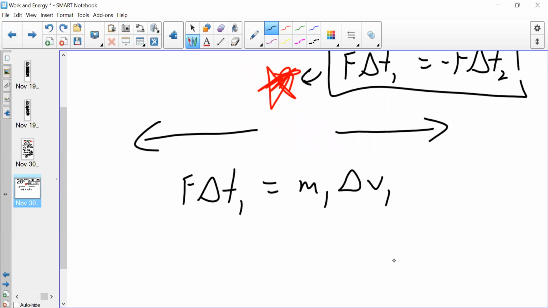And likewise, F delta T here is going to be equal to negative M2 delta V2.